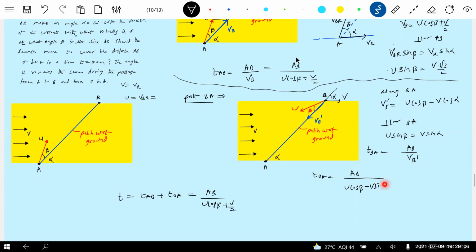V cos alpha, or V by 2 is no. Plus BA by... So we know T, we know AB, beta and U are unknown. I think we can solve it.